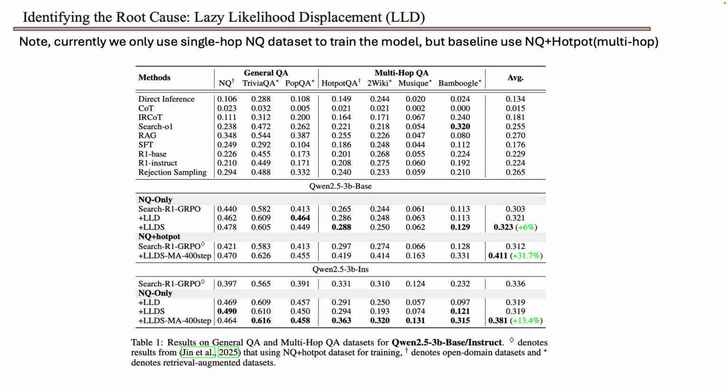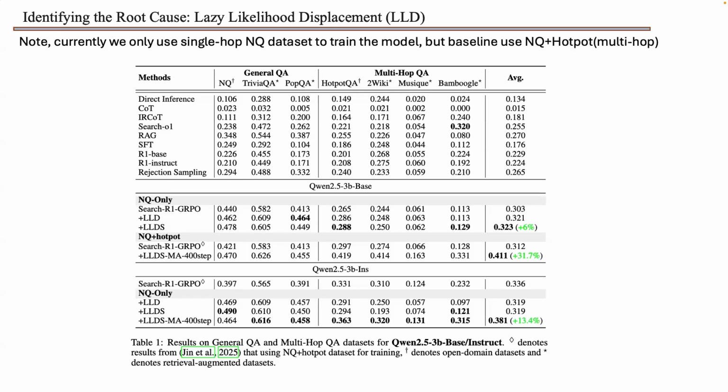You can see that our results demonstrate a consistent improvement compared with GRPO without our likelihood displacement loss. And even on the NQ plus HotpotQA dataset, we achieve more than 31% improvement compared with the original GRPO training.